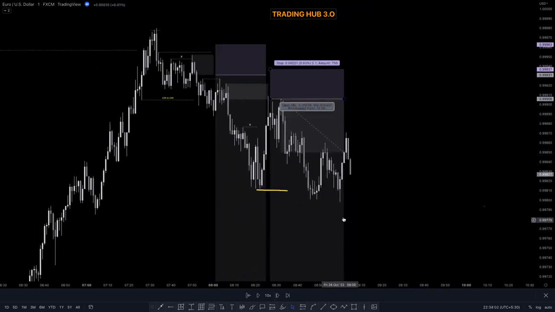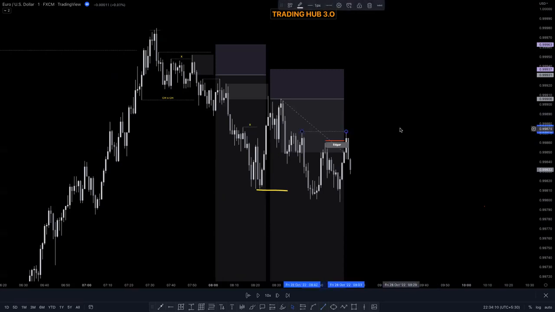Okay, so finally what happened here? The market has taken out, no, not taken out, this is an equal high, right? And let's see, first of all check the low, is it broken or not? Yes, so this high was swept by this one.